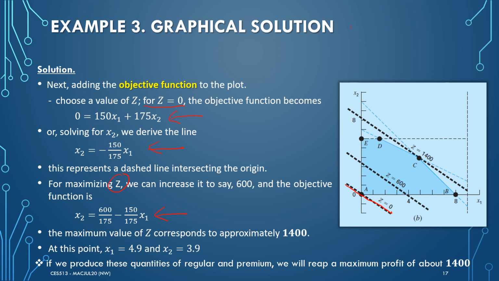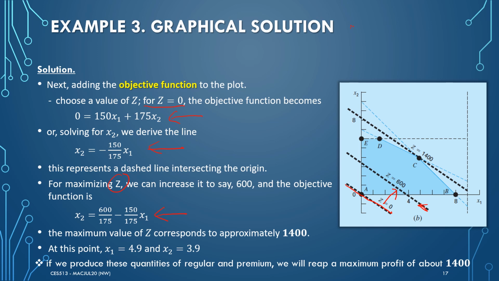Thus, increasing the value of the objective function moves the line away from the origin, as we can see here from the graph. But because the line still falls within the solution space, our result here is still feasible.